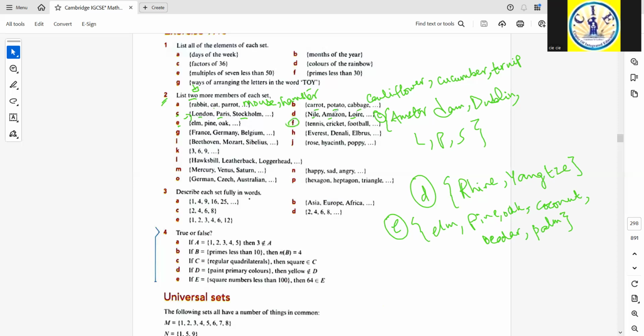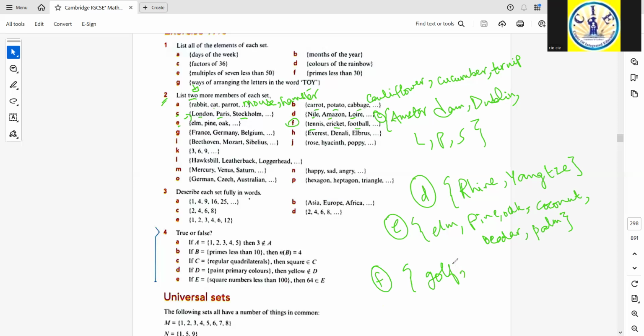Okay. In part F, tennis, cricket, football. These are the names of the games which are played using a ball. So some more games which are played with balls could be golf.